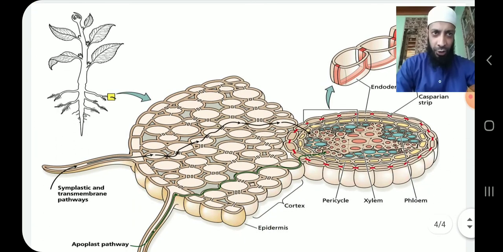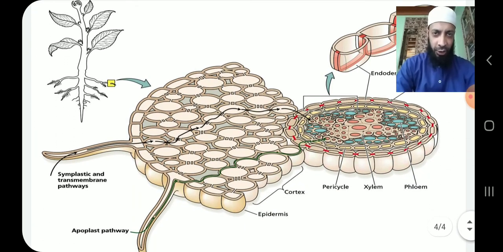In the diagram you can easily see the three pathways. It is a root hair cell. It is a section of a typical root hair wherein you can see either apoplastic pathway or symplastic pathway of water movement occurs.